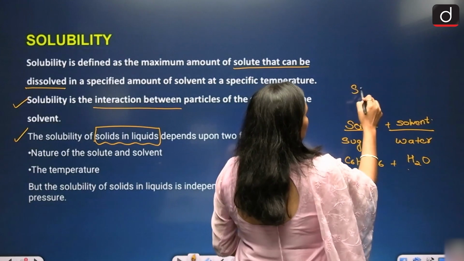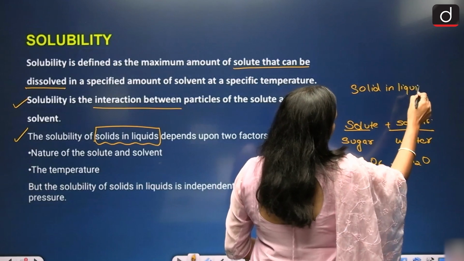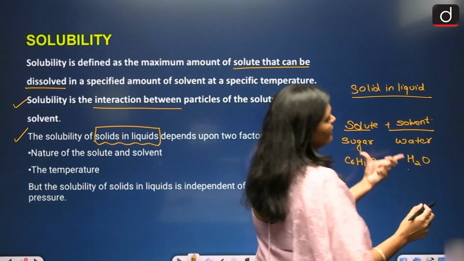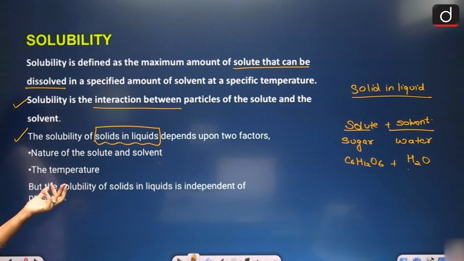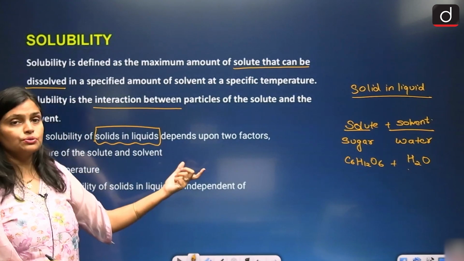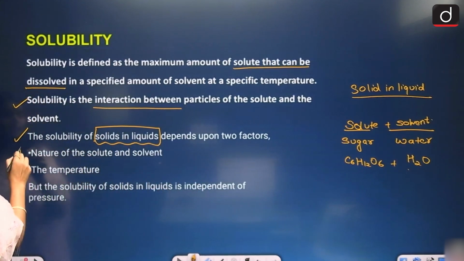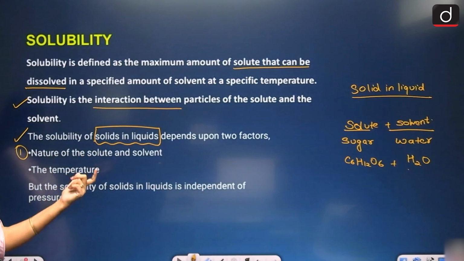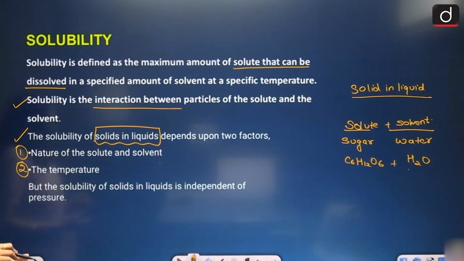It is a solid in liquid type of solution. So the solubility of a solid in a liquid solution depends upon two factors. What are the two factors? The nature of the solute and solvent, and also the temperature.